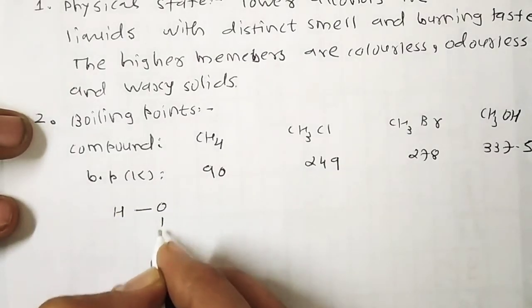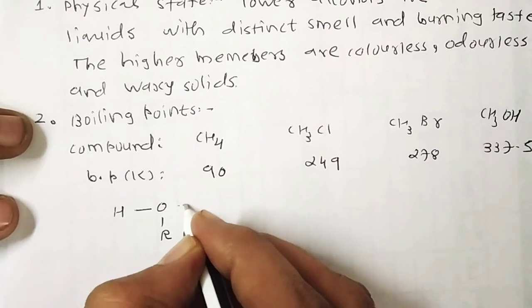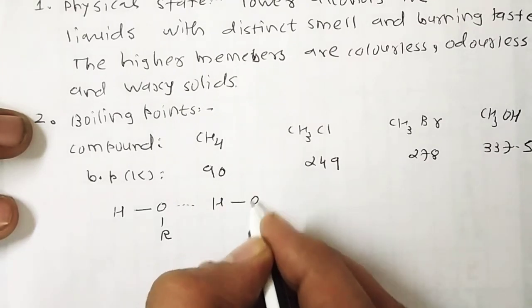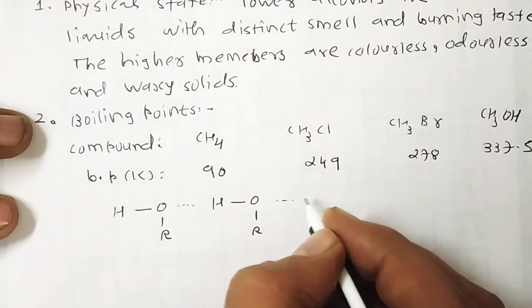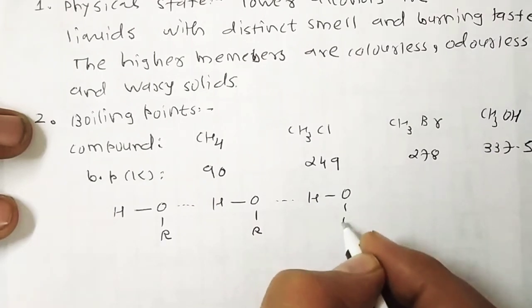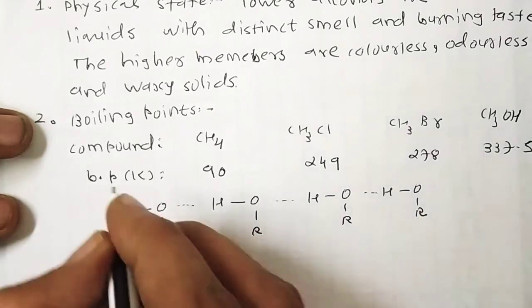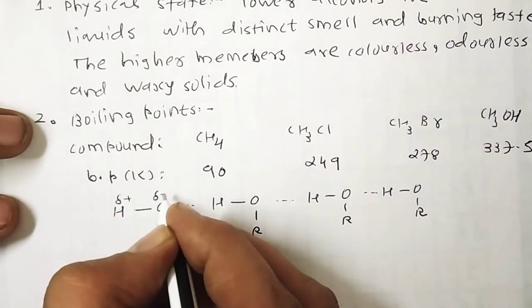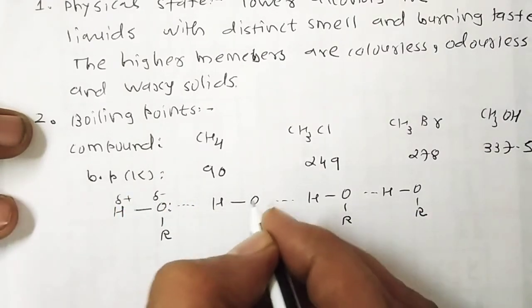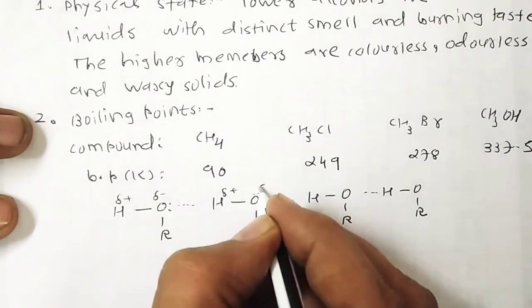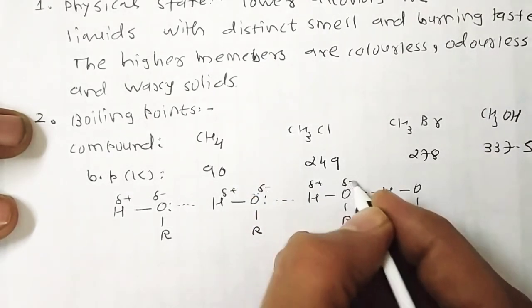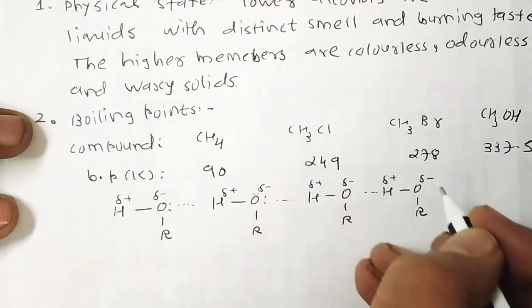So this is the representation of a hydrogen bond in alcohol, which can be given like that. It's delta plus, delta minus, oxygen having a lone pair, and in the same way delta plus, delta minus, delta plus, delta minus.